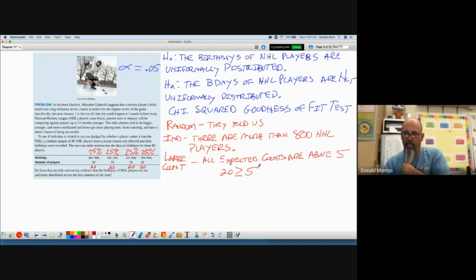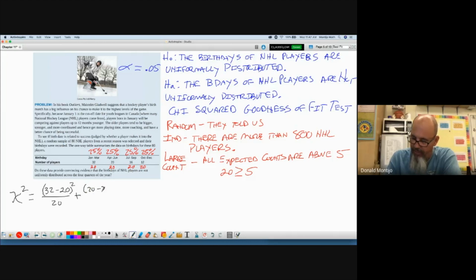So we need to calculate the chi-squared test statistic. So let's take a look at calculating chi-squared. So chi-squared equals observed minus expected squared divided by expected, plus the next observed minus expected squared divided by expected, plus the next, plus the next.